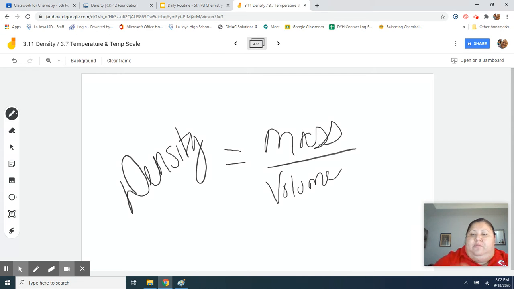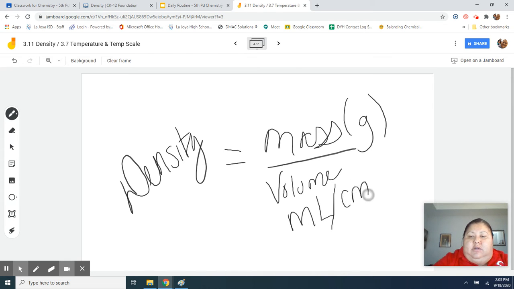Now, the units for mass, you always have to remember that the base unit for mass is grams, okay? Now, when it comes to volume, you can have two different units. It could be the milliliter or cubic centimeters, okay?